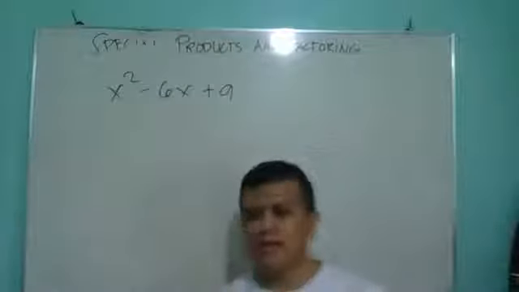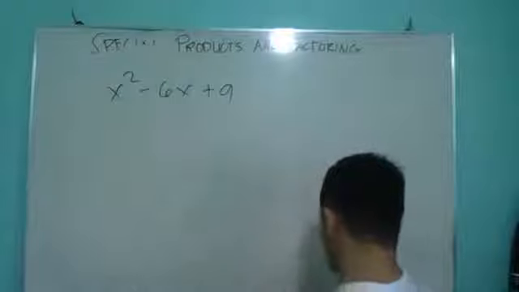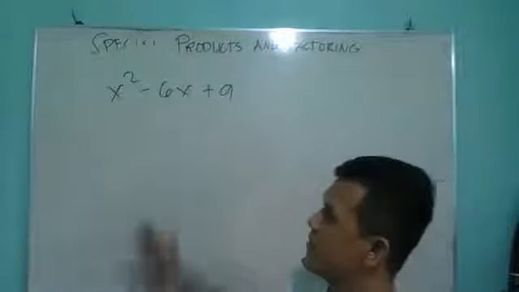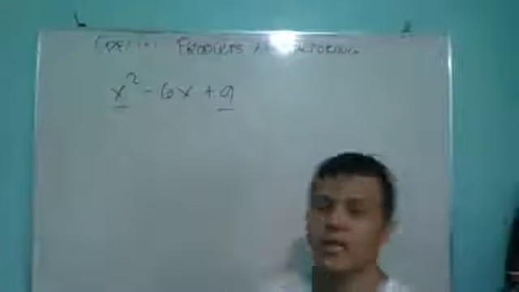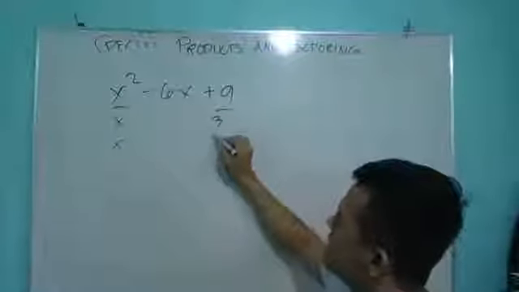So if you are asked how to factor this one, just take note of the first and the last terms. We're just going to determine the factors of them. So for x squared, the factors are x and x, of course, x times x. Factors of 9 are 3 and 3.